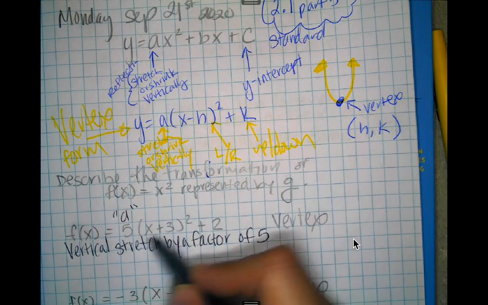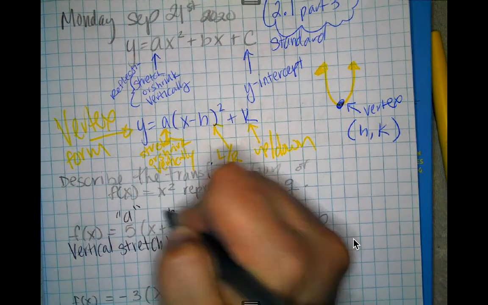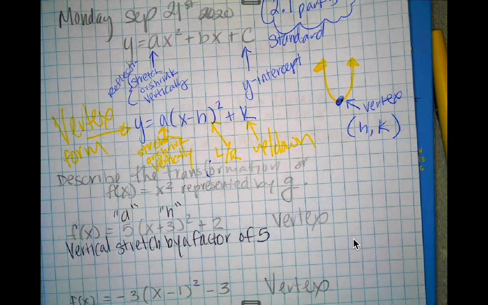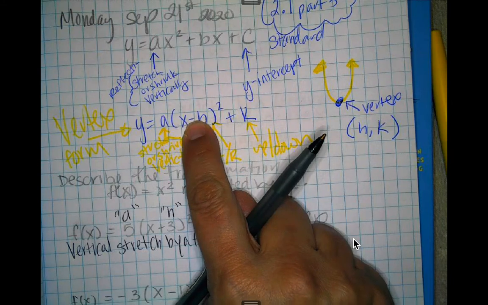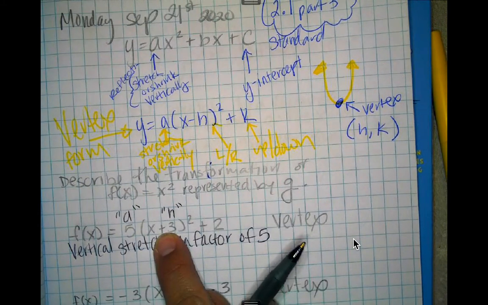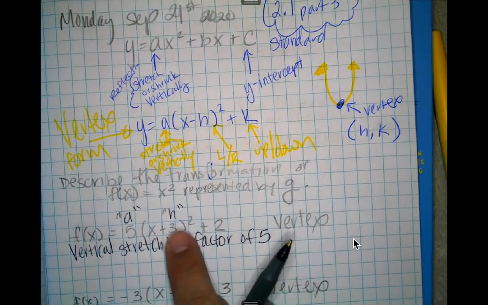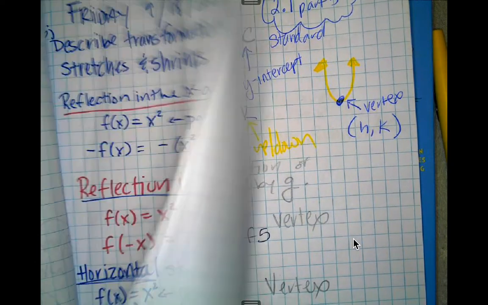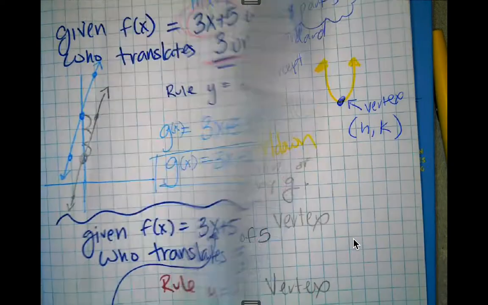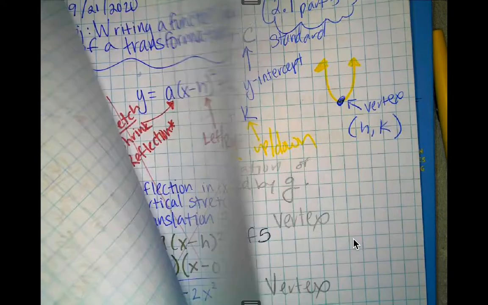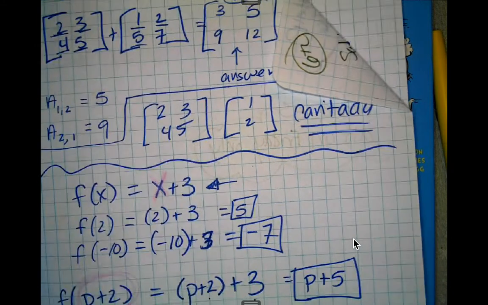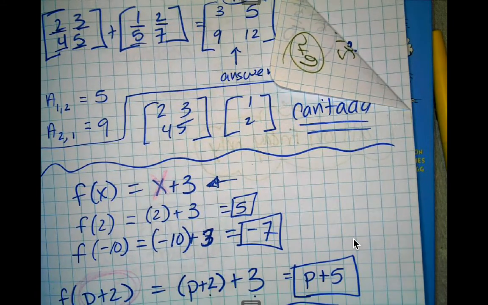This 3 is going to be the h. What we recall from the previous lessons is that the rule has subtraction, so if I see a plus sign, that means h is really negative. Again, I might look at my notes for my left and right rules.